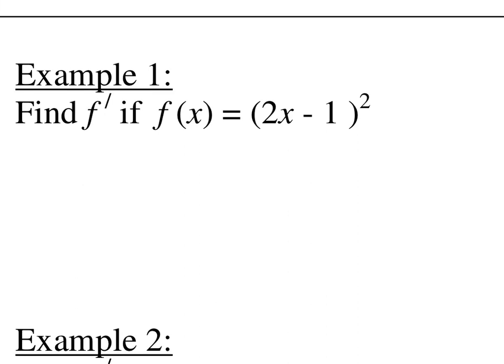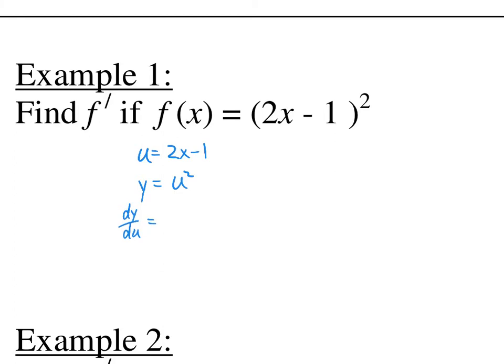Here we have f of x equals 2x minus 1 quantity squared. So let's go through the whole process here. What does u equal? 2x minus 1. So y equals what? u squared. Okay? So now I want to do dy du.